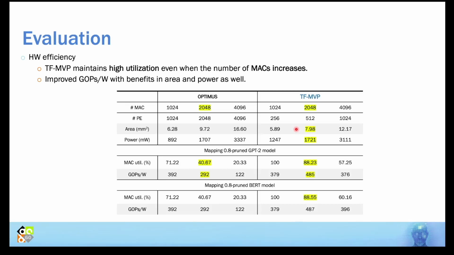In terms of hardware efficiency, the number of MAC operators in Optimus increases from 1K to 4K, and our proposed structure also increases from 1K to 4K. The number of P decreases by a quarter because they are grouped in 4s. This ultimately plays a role in increasing the matching rate.